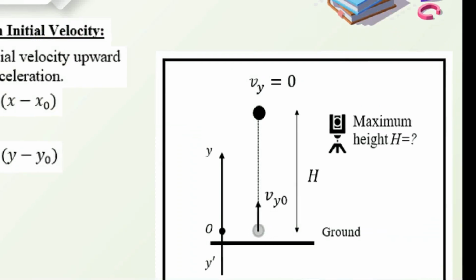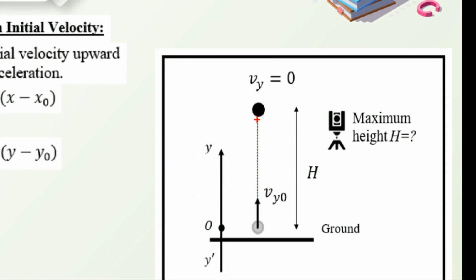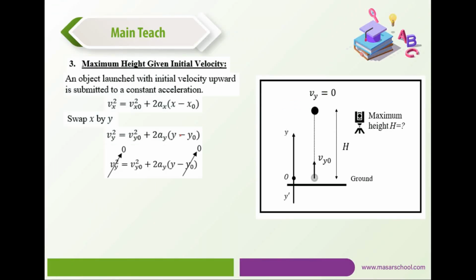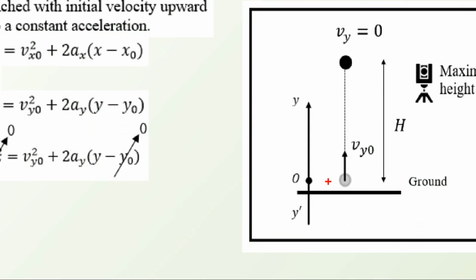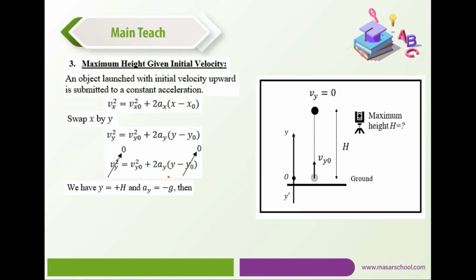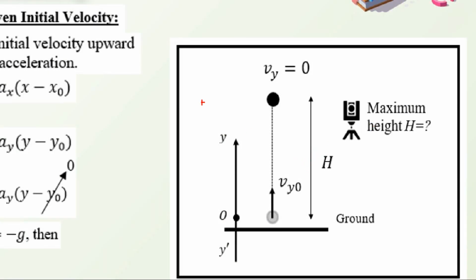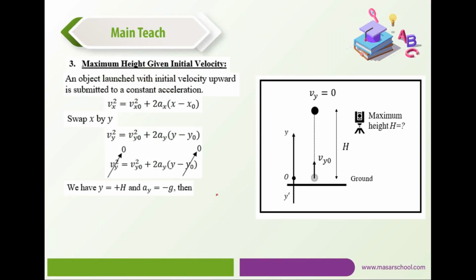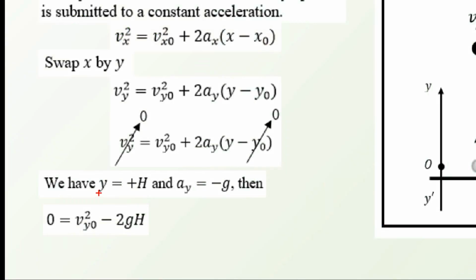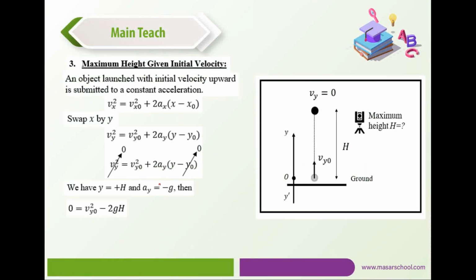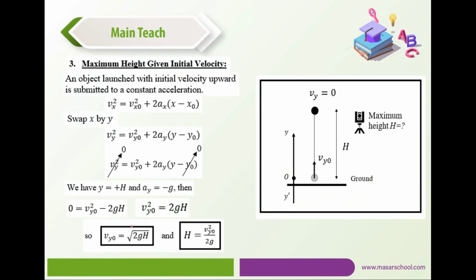Now, because we are talking about the maximum height, which is the point at which the object changes direction, and it's defined by vanishing velocity, and the initial position coincides with the origin, let's replace the final position with the maximum height, and we know that in this case ay is given by minus g because the y-axis is up, gravity is down. And we would have, if ay is minus g, an additional minus sign, and y is h, and if we solve for vy0 we would have radical 2gh.